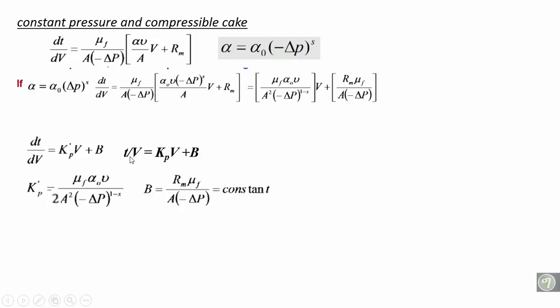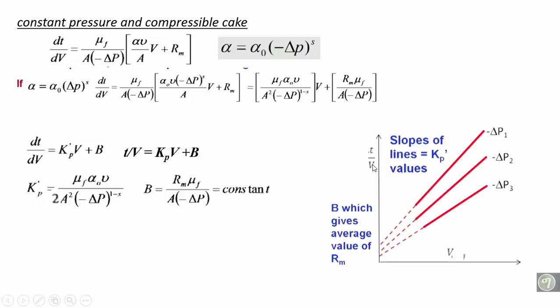So finally, you'll have t over V equals Kp times V plus B. If you draw the graph of t over V versus V, or time over volume versus the volume collected, then you will find different slopes for each delta P. The slope will be Kp.